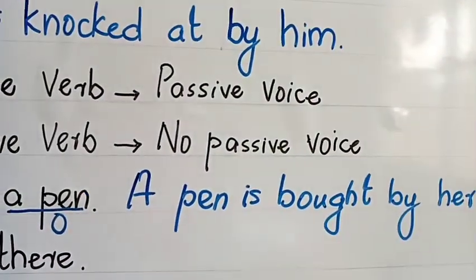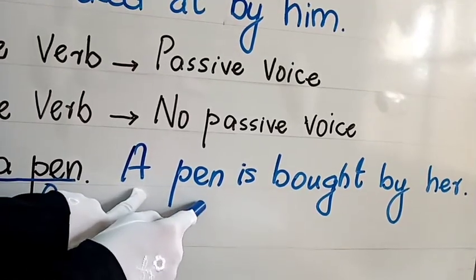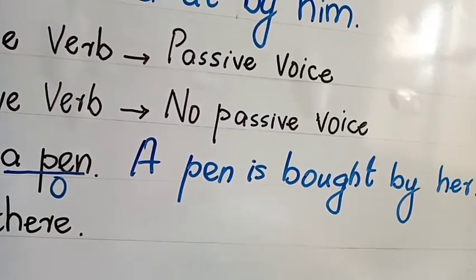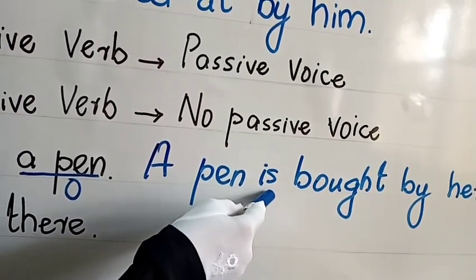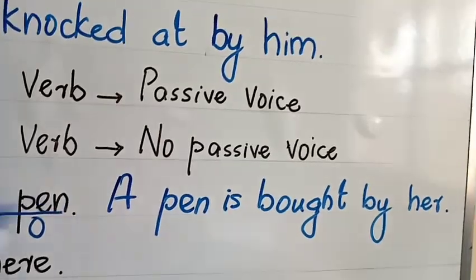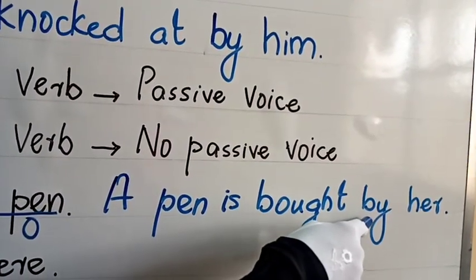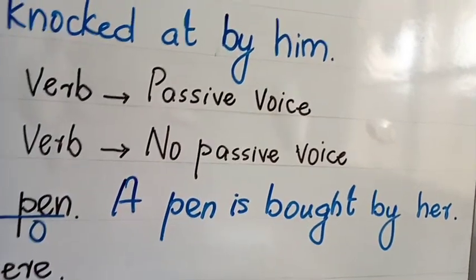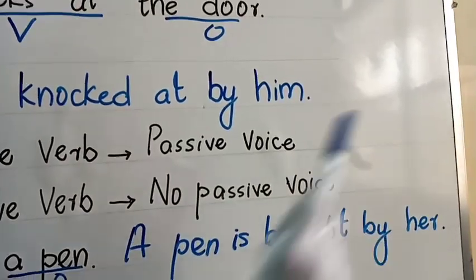How did we make this? A pen was the object, it became the new subject. A pen. Buys is present simple and, according to the object, the helping verb will be is. A pen is. Third form of the verb buy, bought. So we have written bought here. Then we added by, and she will be changed into her. So a pen is bought by her.